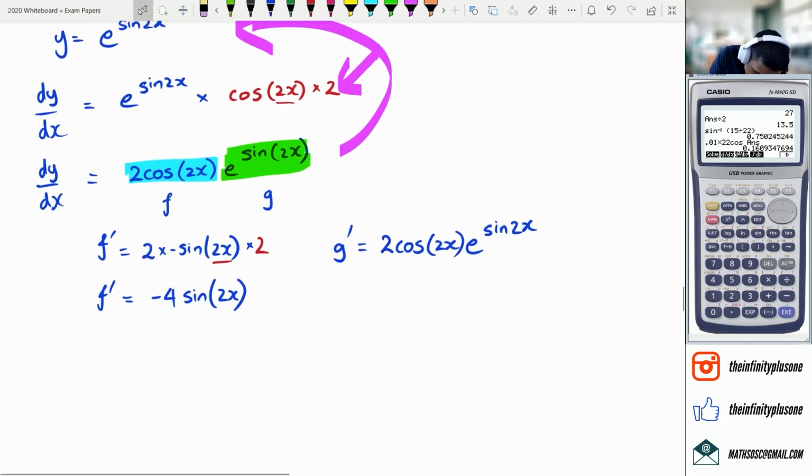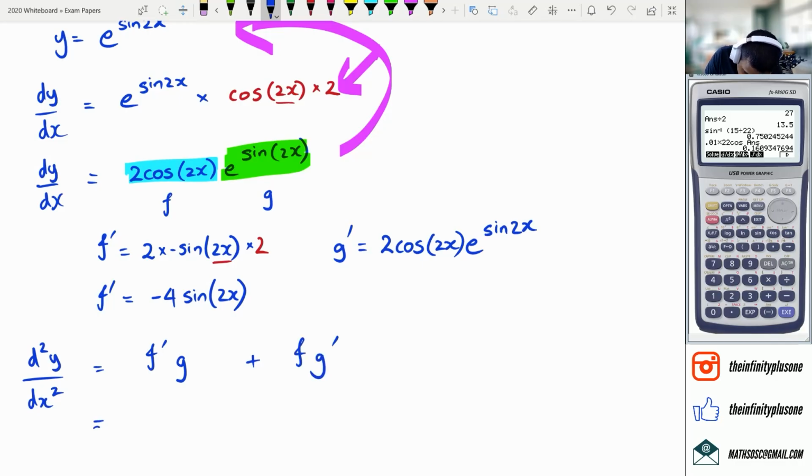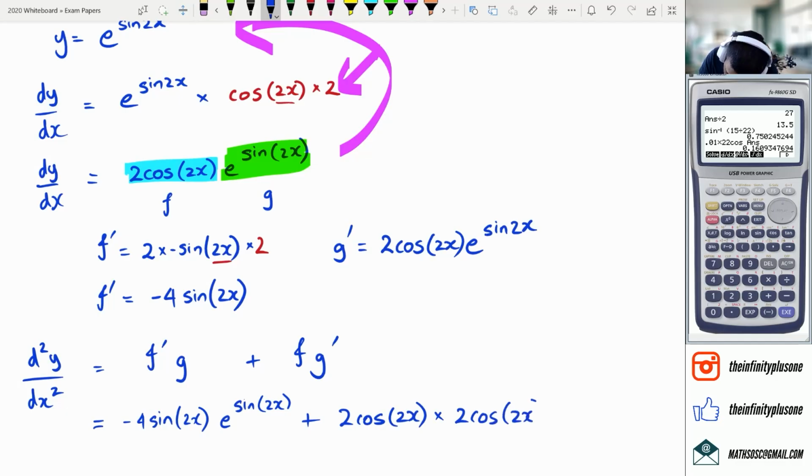Okay, so let's put down d squared y over dx squared is equal to f dash g plus f g dash. Now f dash is negative 4 sine 2x, g is e to the power of sine 2x, plus f, which happens to be 2 cos 2x, multiplied by g dash, which happens to be also 2 cos 2x e to the power of sine 2x.